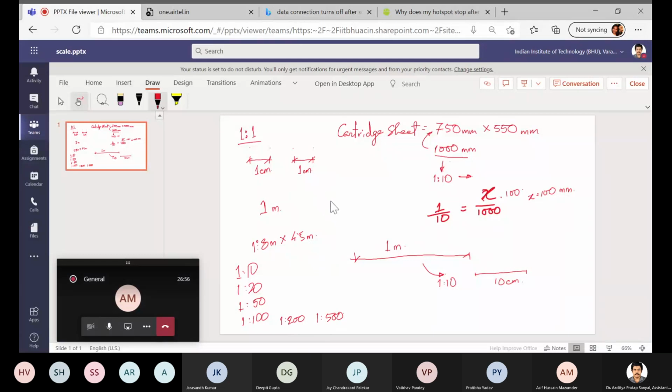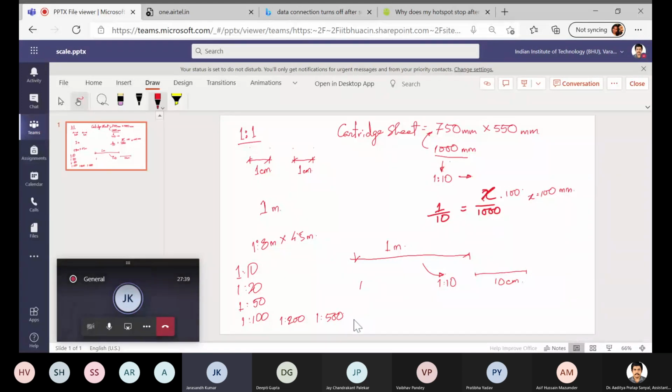So if I want to draw 1 meter at a scale of 1:500, how much will it be on a piece of paper? Anyone? 2 centimeters. Sorry, 2 mm. Anyone? One-fifth part of the one scale.